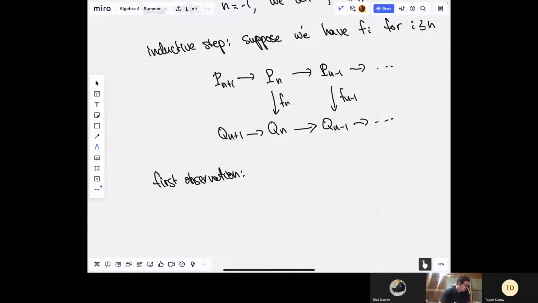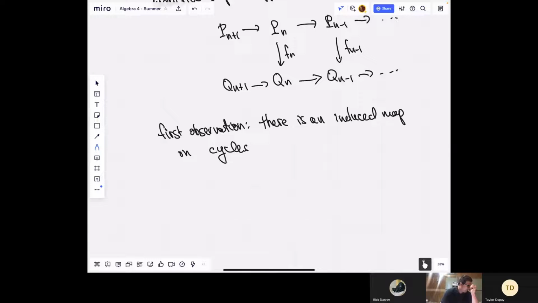is that this induces a map on cycles. So we're going to have maps Zi from P bullet to Zi of Q bullet.